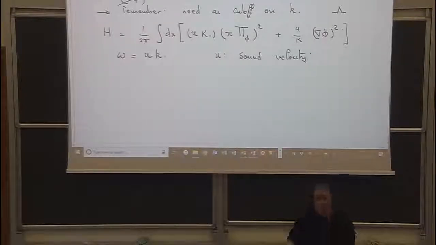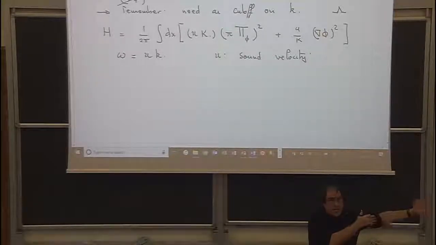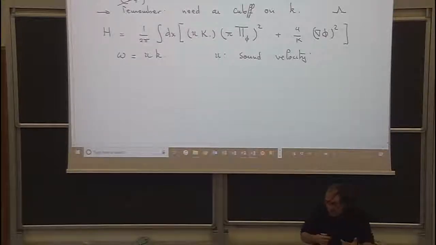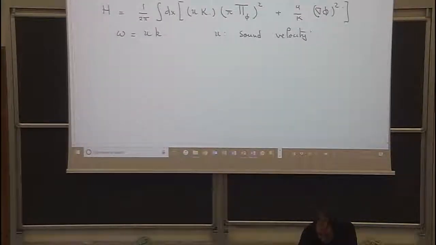So u is actually the sound velocity. Why the sound velocity? Because phi controls the density oscillations, and the way density oscillation waves propagate is the sound. When I'm talking to you, I'm making density waves in the room, and that's the way the sound propagates. And K is a dimensionless parameter.